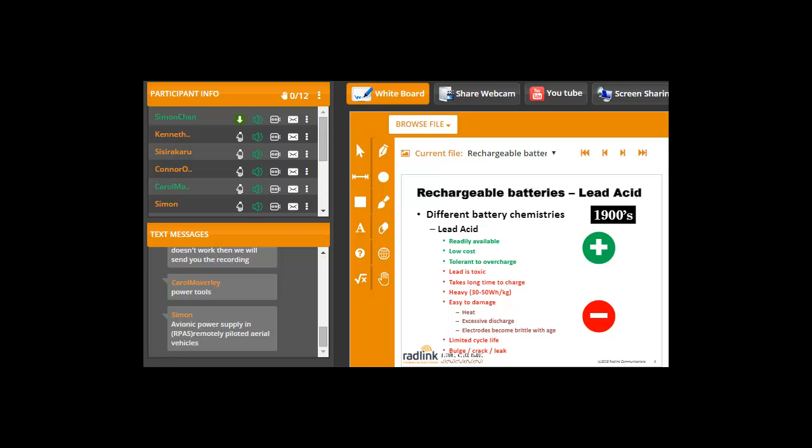But in the last couple of decades, we've seen amazing advances in science and technology. And so this is where we now move on to the next thing, which is the lithium battery. Oops, it's not supposed to say 1900s, it's actually 1990s. So there's a typo there on that particular slide. So the question that's often asked is, are lithium batteries safe?